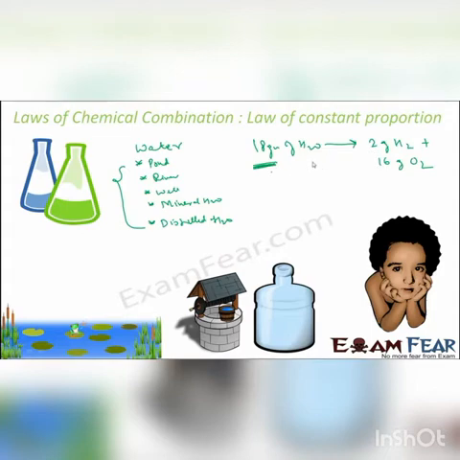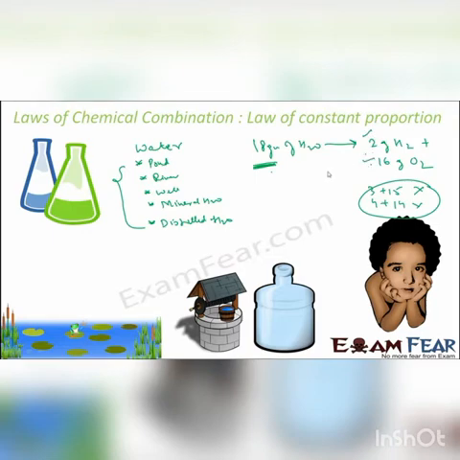The first law holds true. But here if you see, the proportion is always 2 plus 16. It is never 3 plus 15. It is never 3 grams of hydrogen and 15 grams of oxygen. Or it is never 4 grams of hydrogen and 14 grams of oxygen. It is always that 2 grams and 16 grams. Why? Why 18 grams of water from any source always breaks into 2 grams of hydrogen and 16 grams of oxygen?